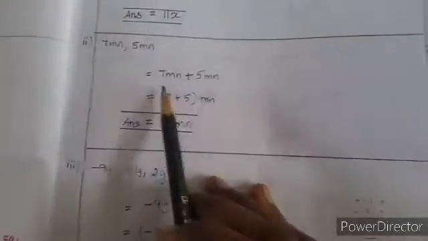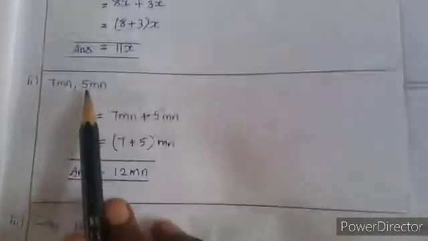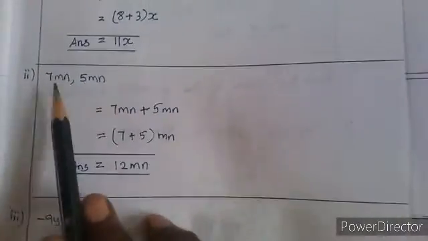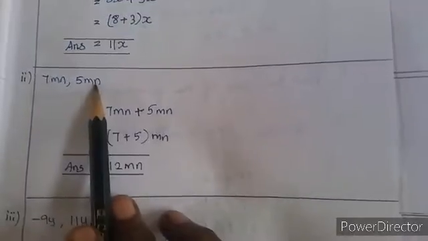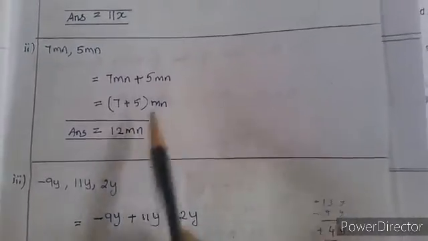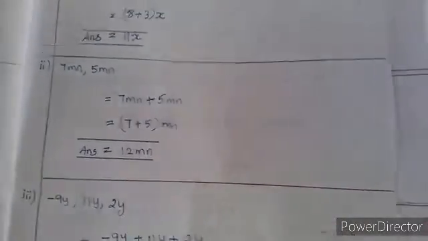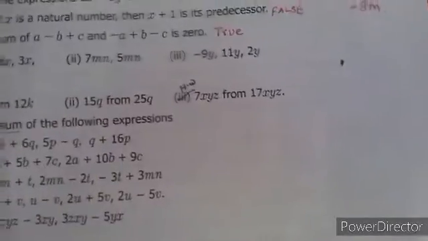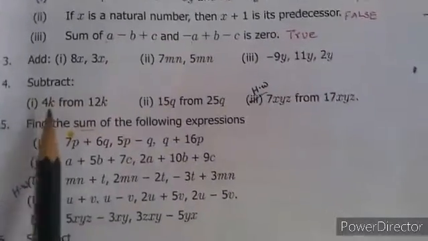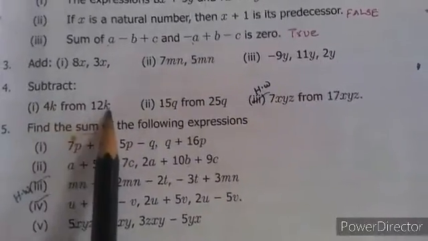And subdivision 2. 7mn, 5mn. So they are like terms which have the same variables. So we can add 7 plus 5 and the answer is 12, and you have to write the given variables there. And question number 4, subtract 4k from 12k.